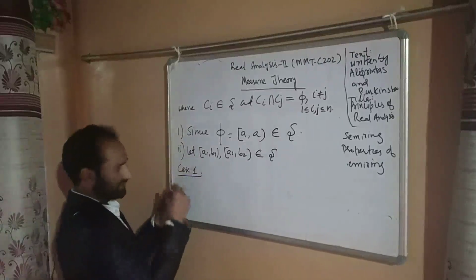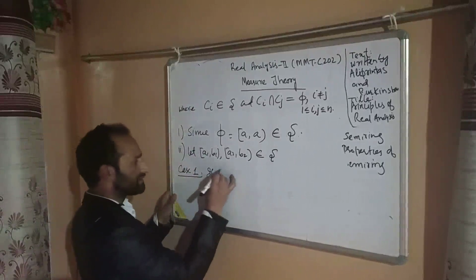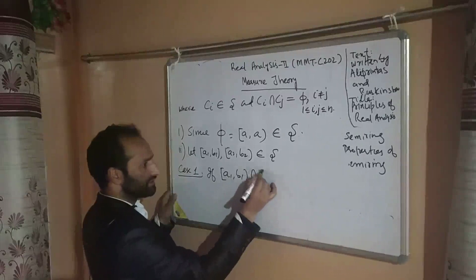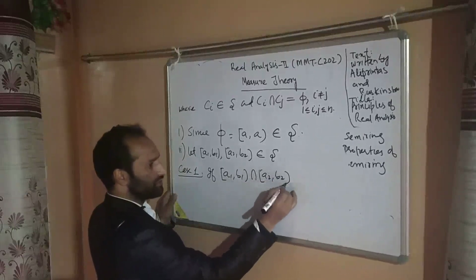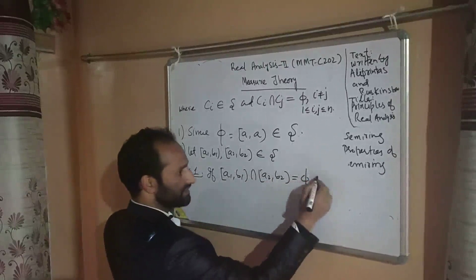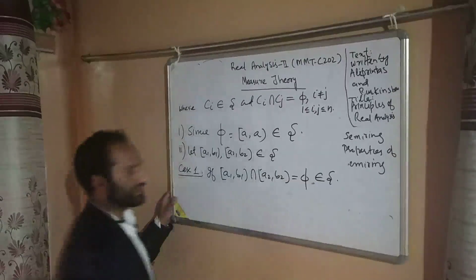So let's take the first case. If A1, B1 intersection A2, B2 is phi, then trivially it is a member of S, and we don't need to prove this case.